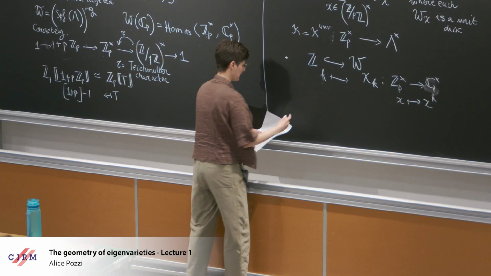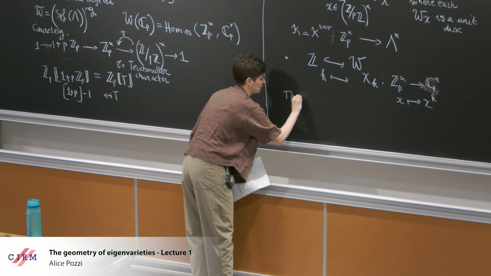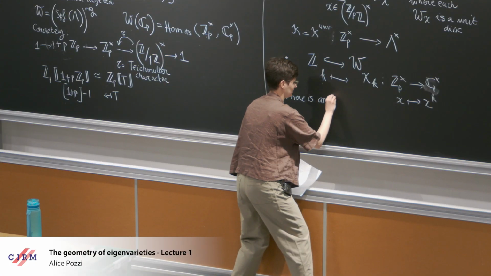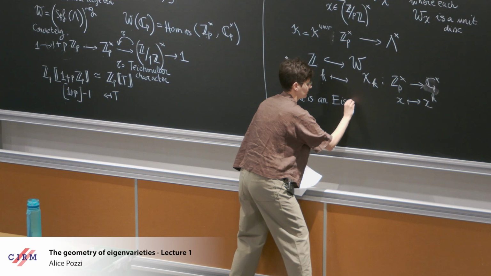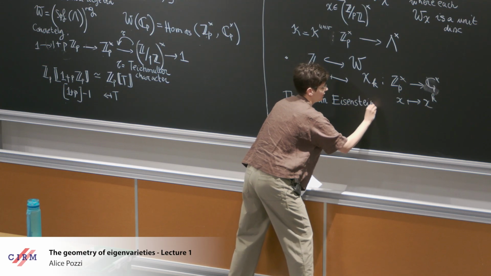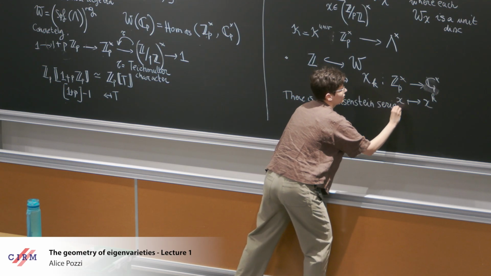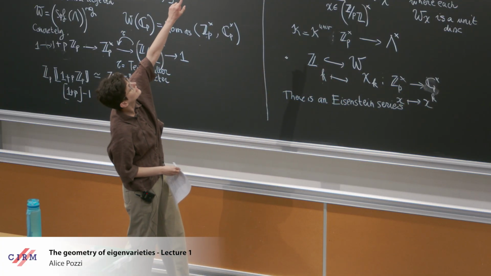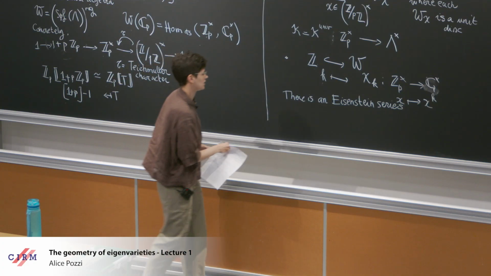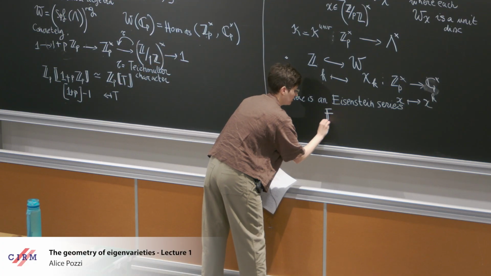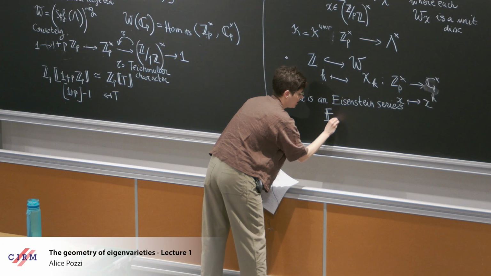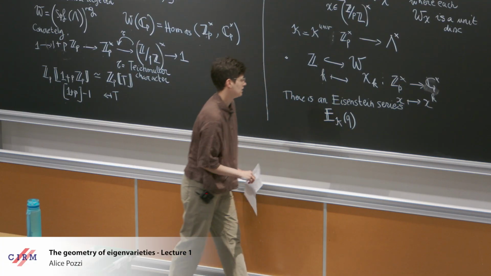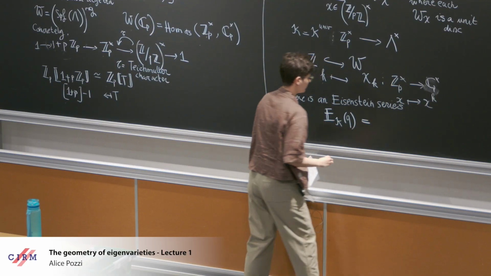So with this setup, there is an Eisenstein series that parameterizes exactly the E_k^p as before. I'm going to call it E kappa and write this as a formal q-expansion.